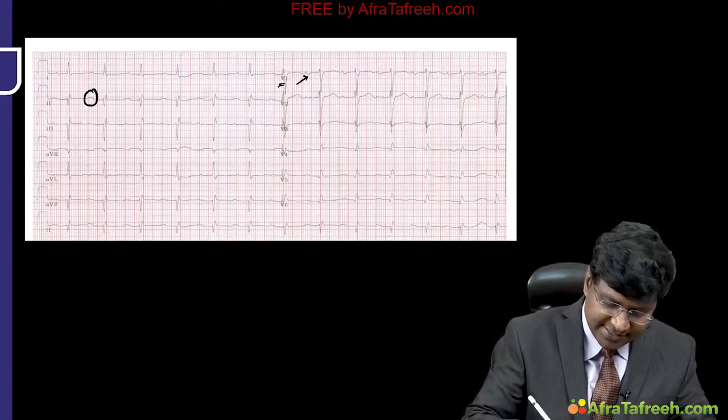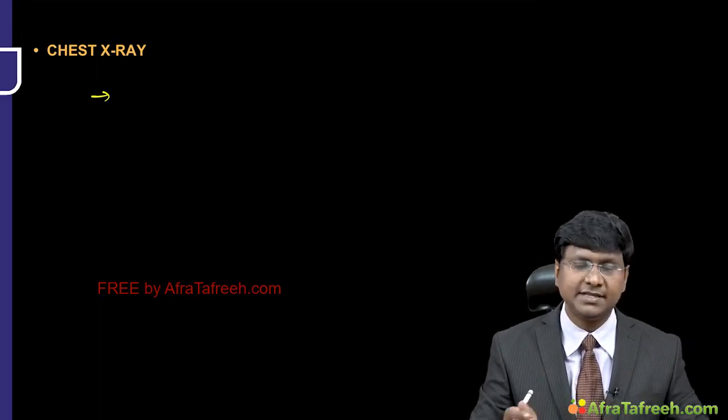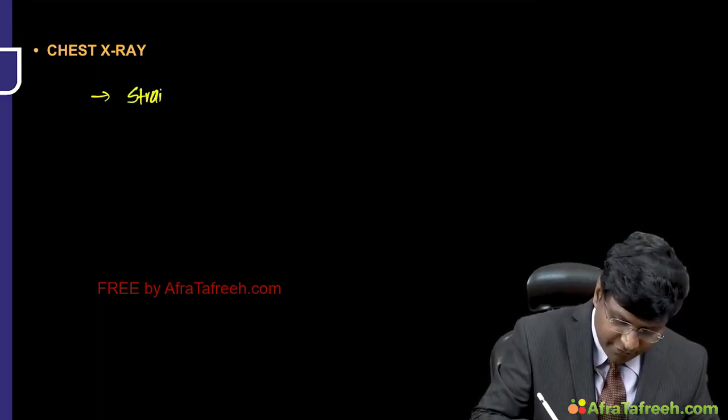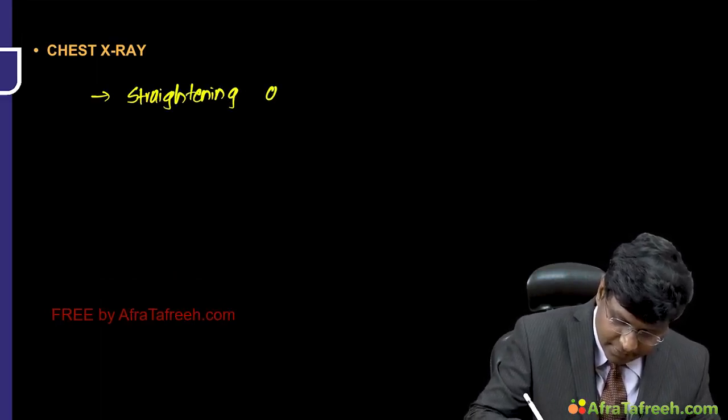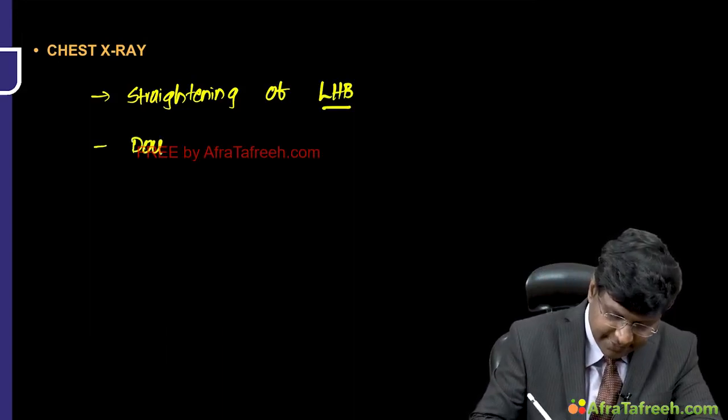What are the chest X-ray changes in patients with mitral stenosis? I'll give you the list first, then I'll show you all the changes. There will be straightening of the left heart border. Normally, it is not straight. Then there will be the double density sign.